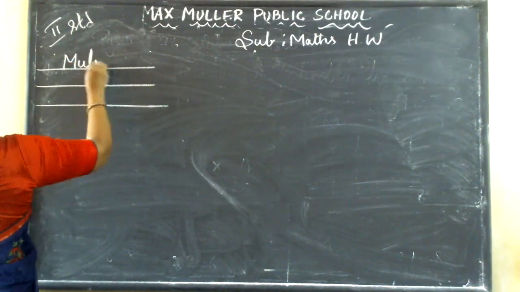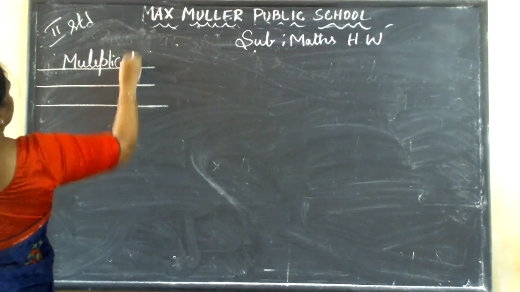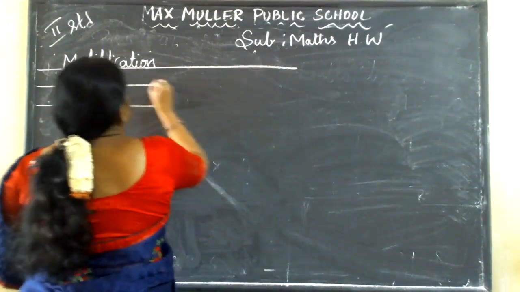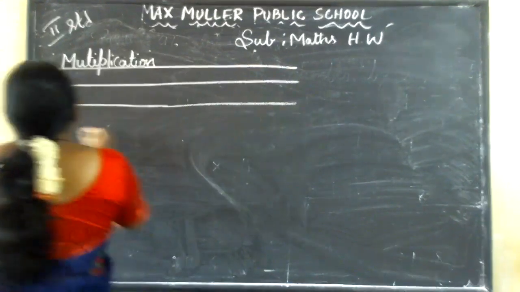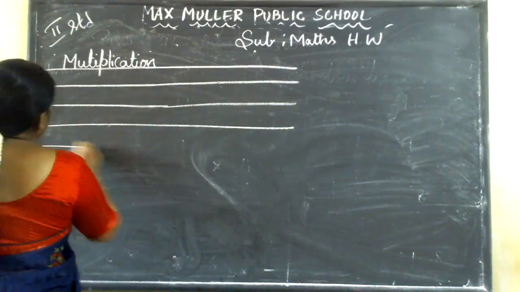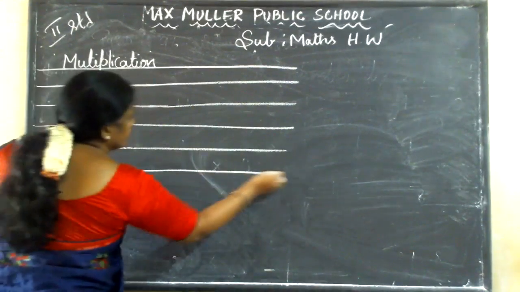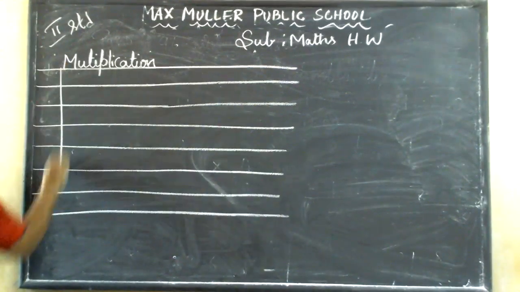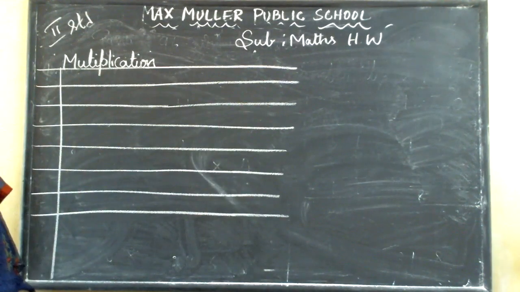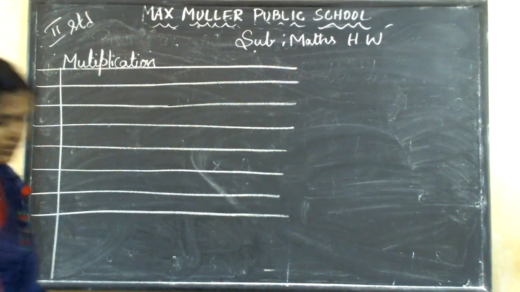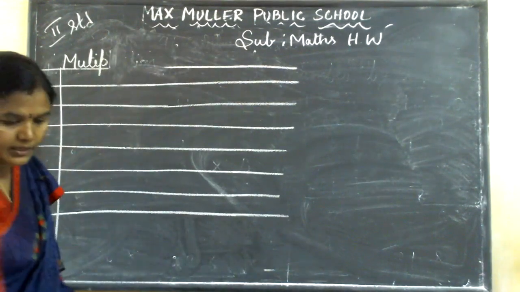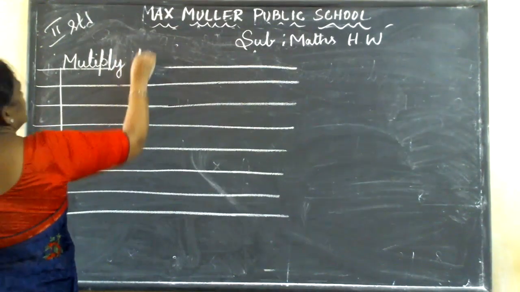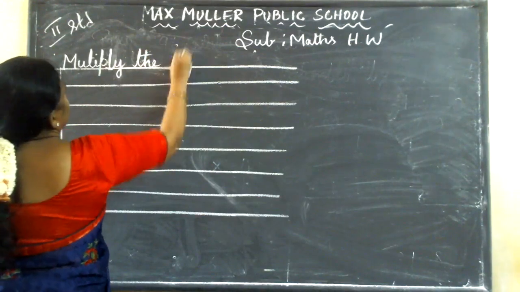Multiplication. After the red line, first line you want to write multiplication. One, multiply the following.